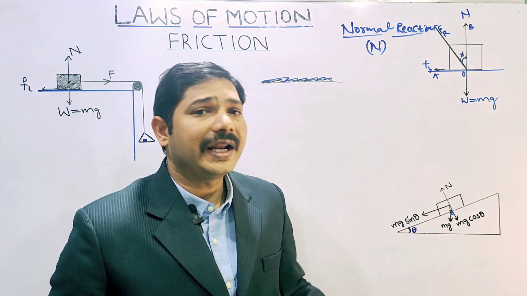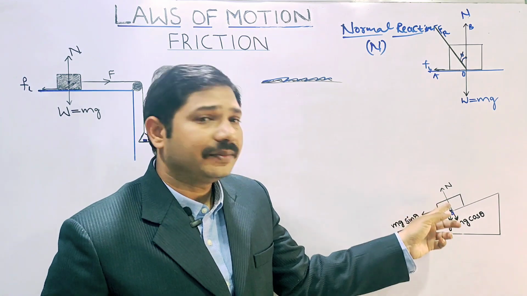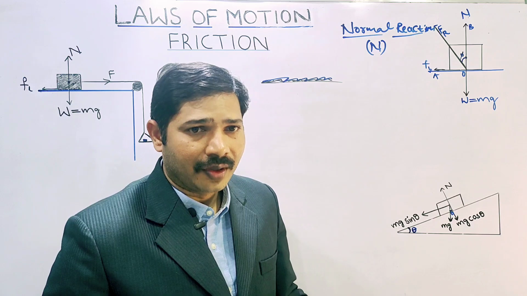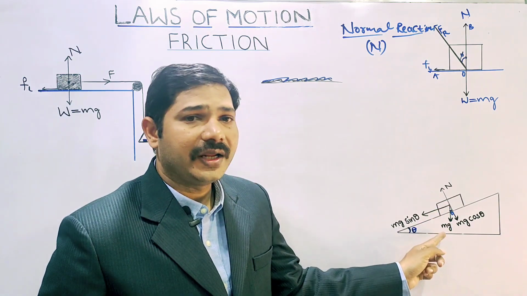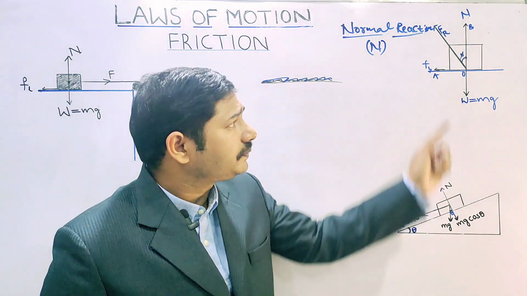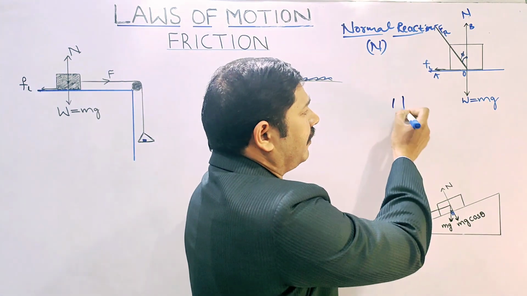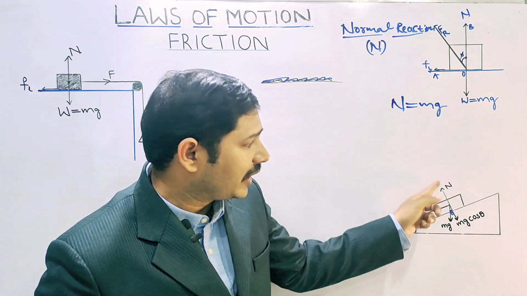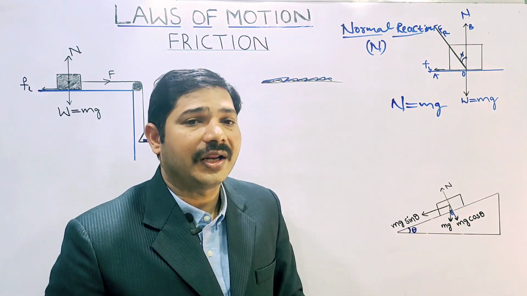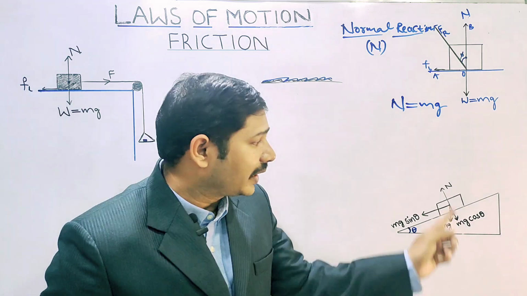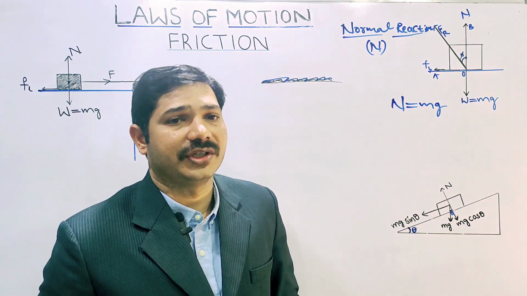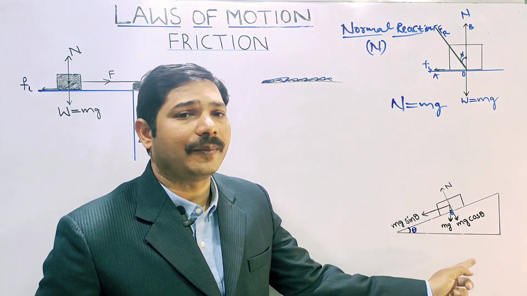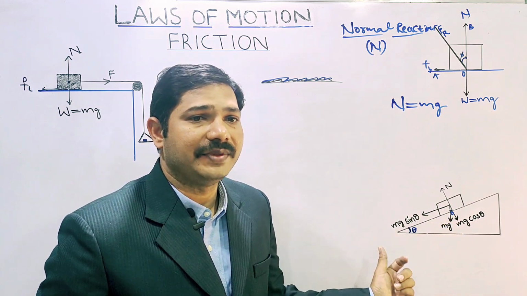If you take an inclined plane, the normal reaction, as we discussed, is always perpendicular to the plane, but the weight of the body is mg downward. On the horizontal surface, the normal reaction and weight are balanced, so N equals mg. But here N and mg are not equal. Here N is balanced by mg cos theta, because mg is resolved into two rectangular components, mg cos theta and mg sin theta.